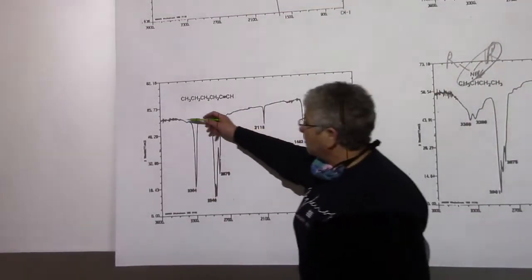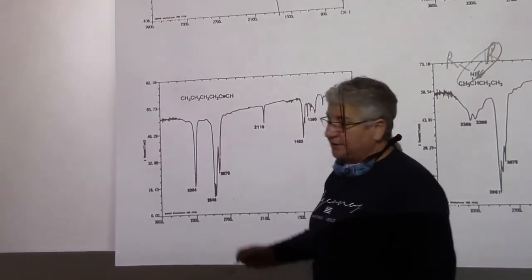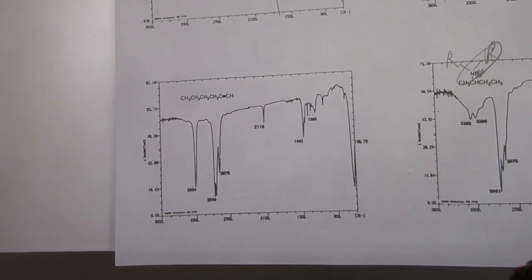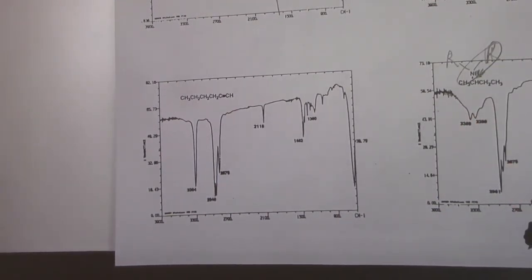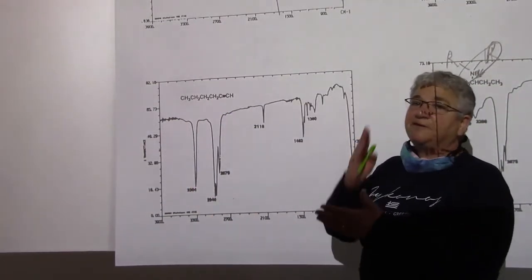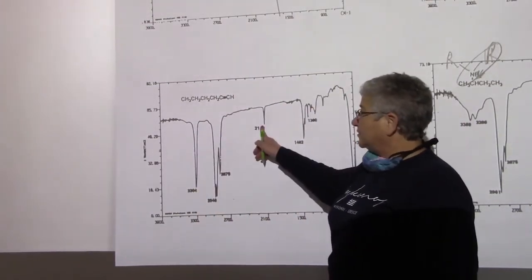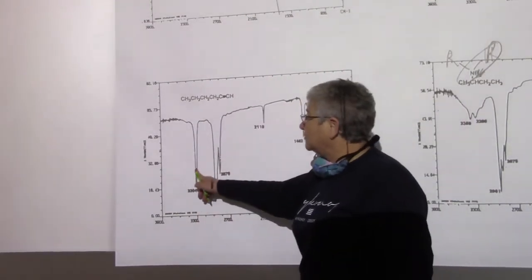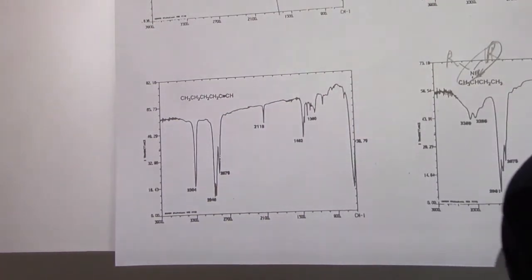Right? OH would be rounded here and probably not as deep. NH or NH2 would be looking more like this. And so this very sharp peak, that is a very sharp distinctive peak. If you see that, this is due to the carbon-hydrogen end of your triple bond.